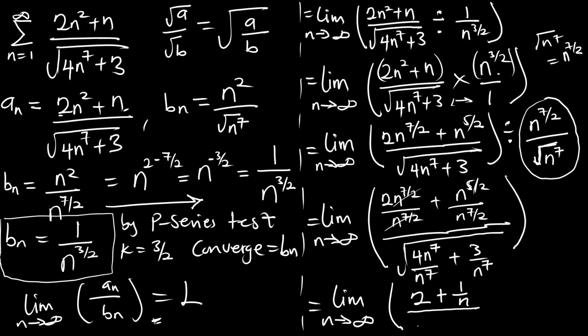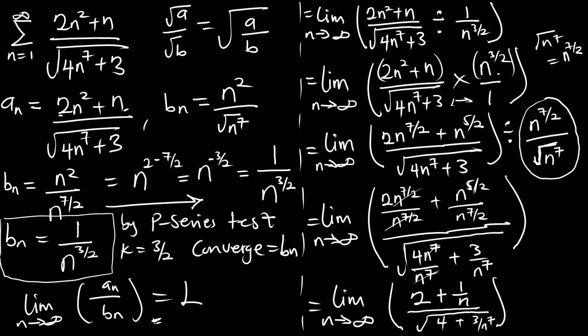Everything on the square root of, now this will cancel this, giving us 4 plus 3 on n raised to the power 7. This way. Are we good? So now let's move to this next page and simplify things.